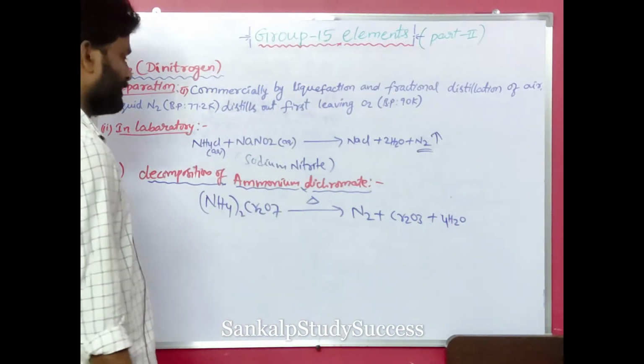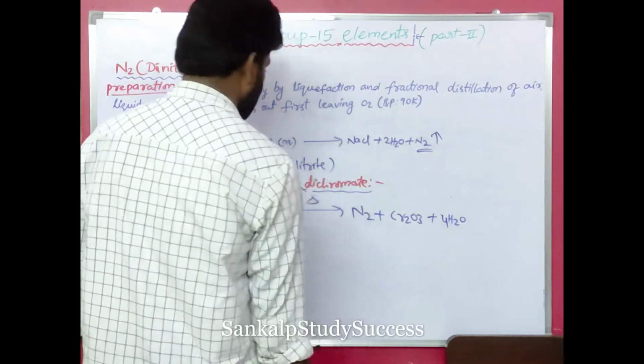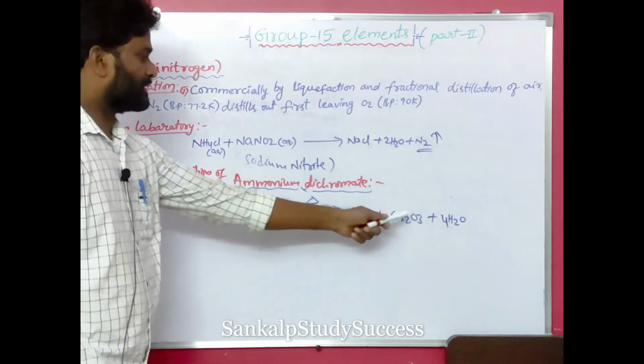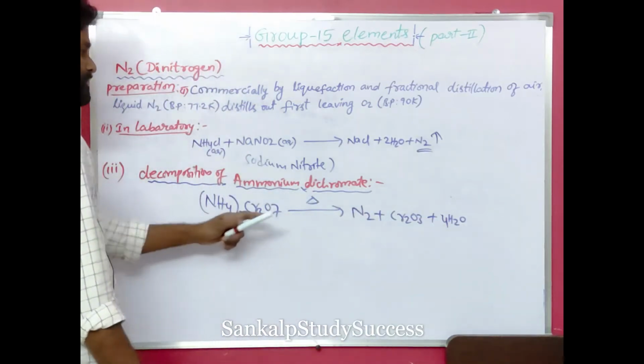This equation is balanced: 2 nitrogen atoms, 8 hydrogen atoms, 7 oxygen atoms, 3 plus 4, and 2 Cr atoms.